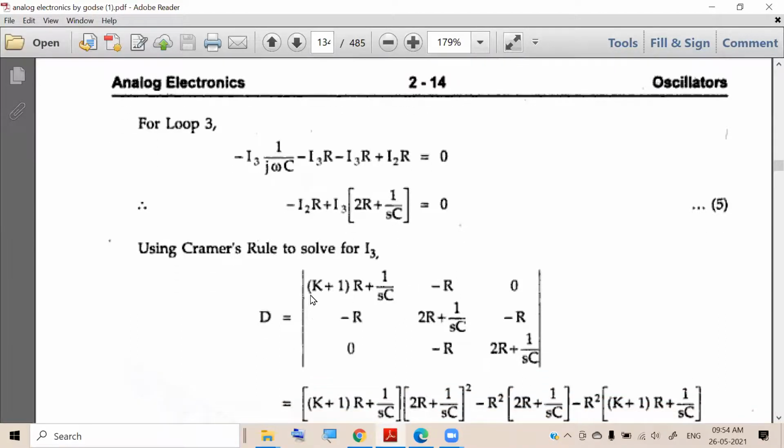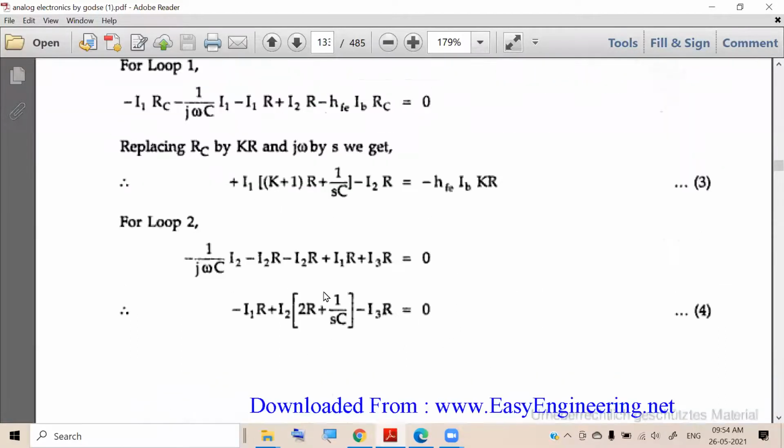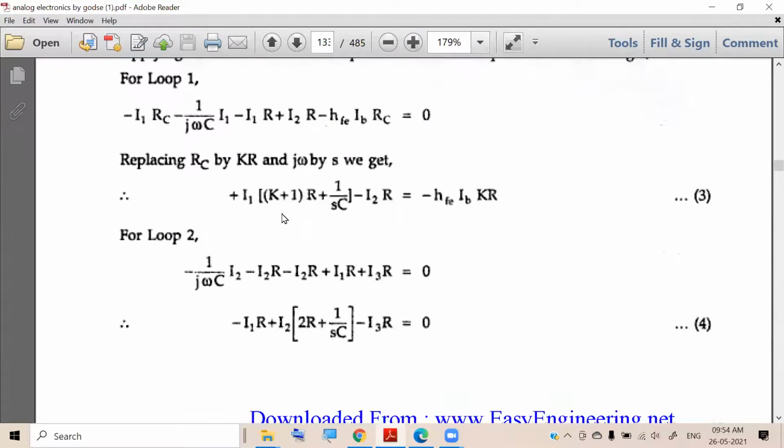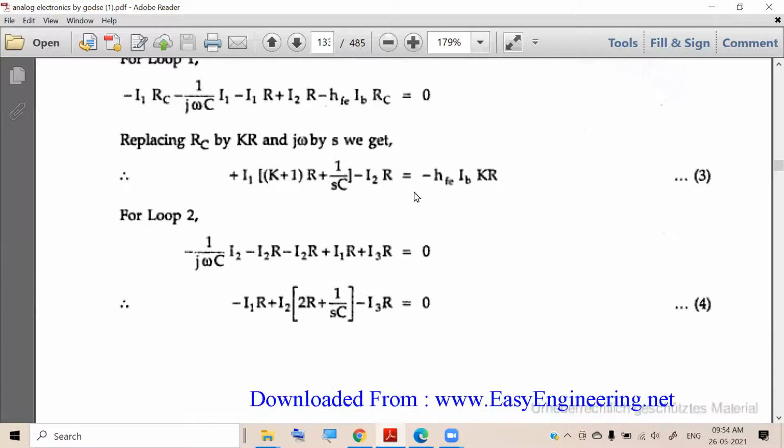D is simply the determinant of the matrix. The three equations can be represented in matrix form.